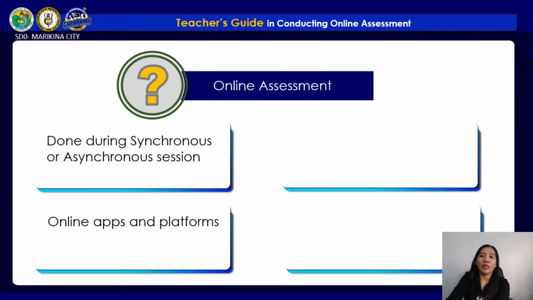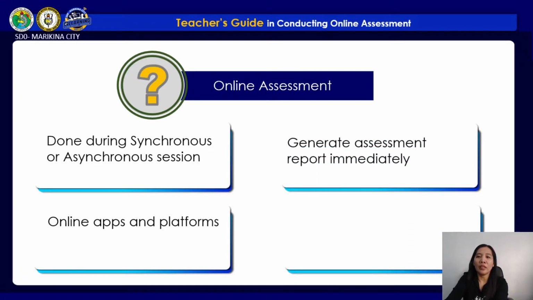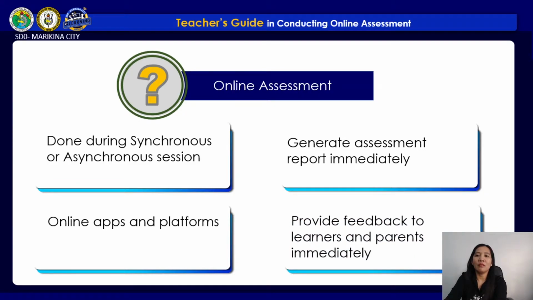And another thing in online assessment, the teacher can easily generate assessment reports. The teacher can easily generate the summary of assessment with graphical representations like bar graph or pie graph. Because it is easier to generate an assessment report, it is also easier to give feedback to learners and parents.